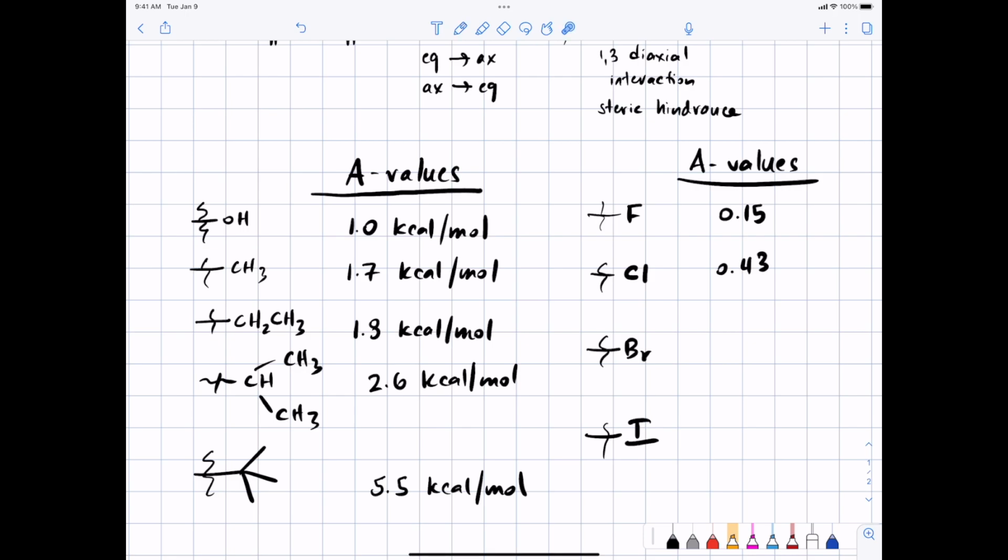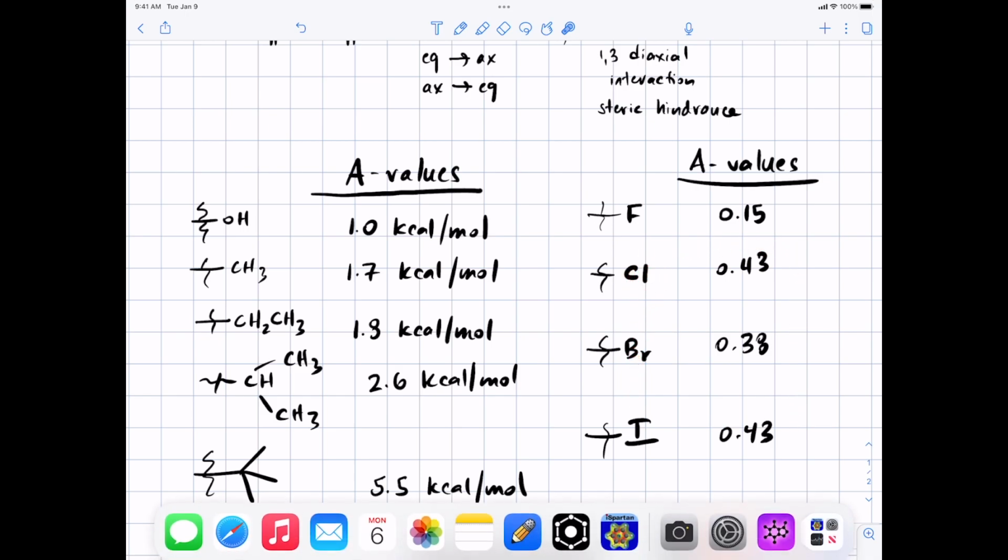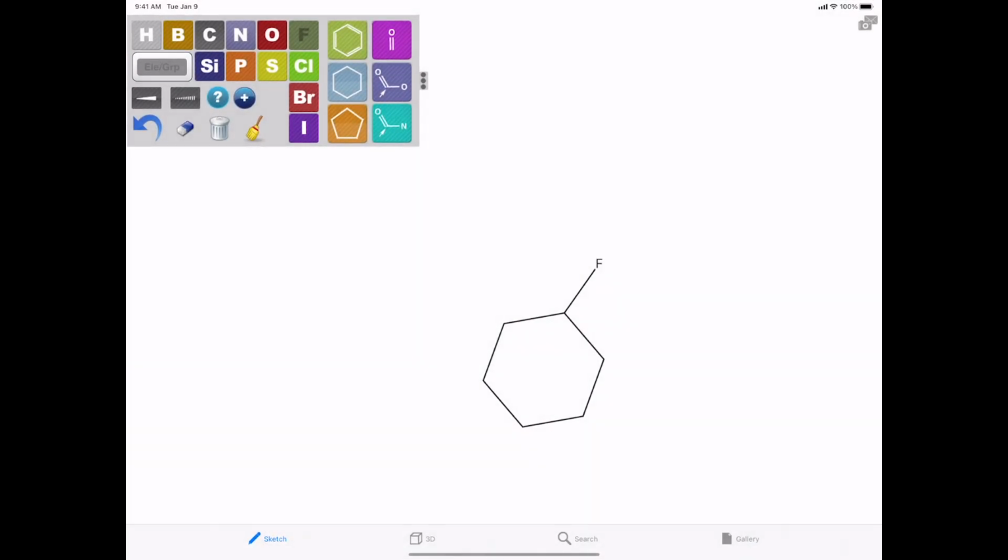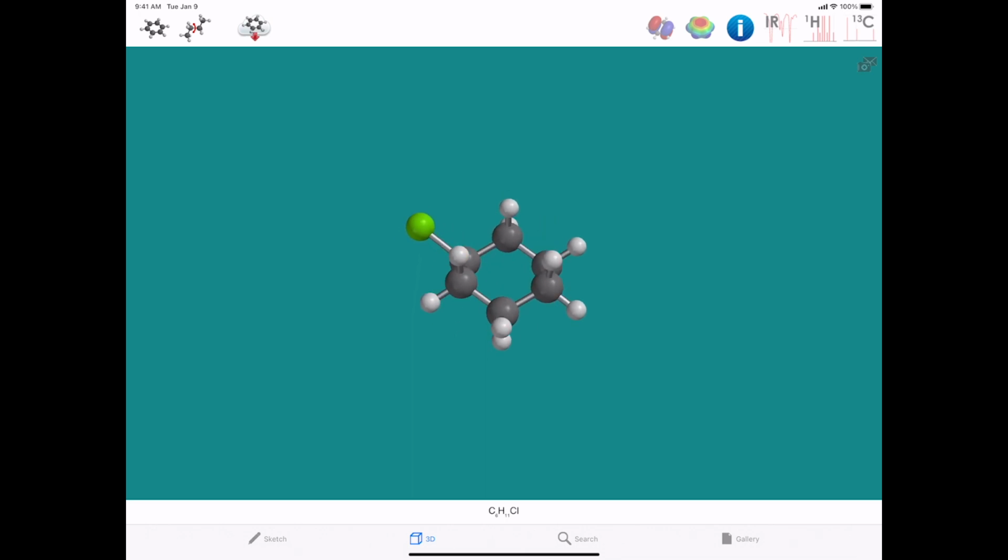Okay, when we go to chlorine, it's bigger, which we expect, but after we go to bromine, it's not any bigger. In fact, it looks like it's a little bit smaller, and then to iodide, and it's about the same. So the A value stops changing as much as you go chlorine, bromine, and iodide. And the reason for that is that the bonds get longer as the atoms get bigger.